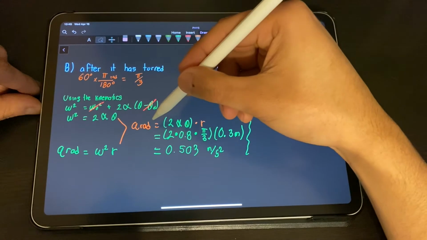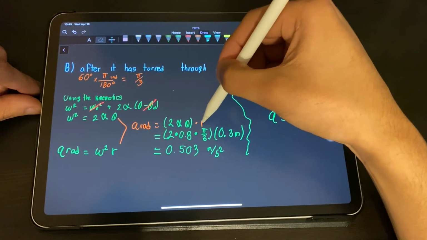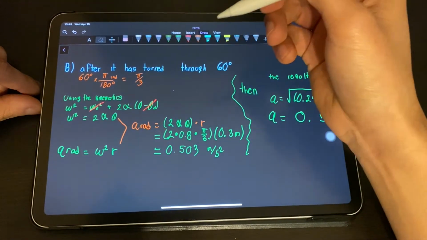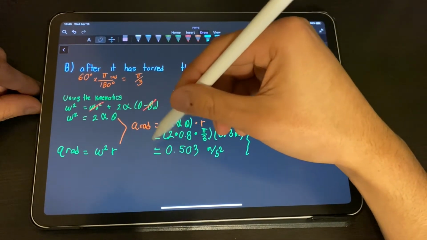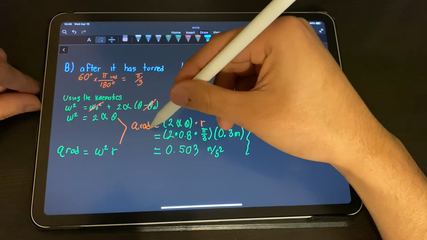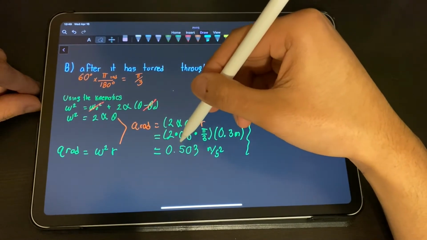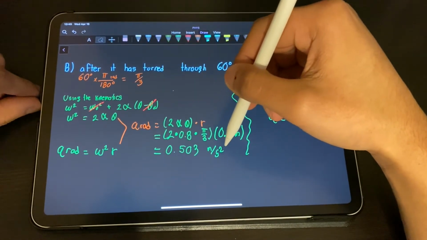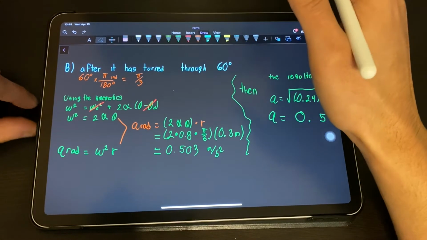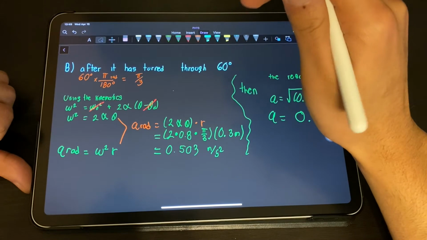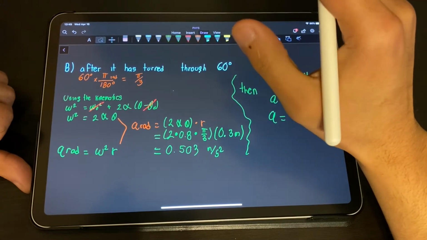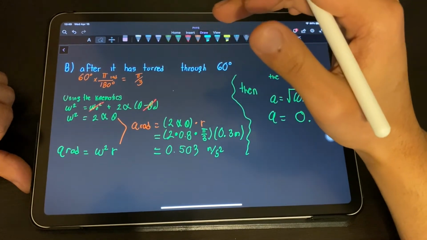And now, as you can see, the only thing different is that we add the radius, and if we multiply that, we finally get the radial acceleration, which is 0.503 meters per second square. And like I said before, the tangential acceleration is going to be the same.